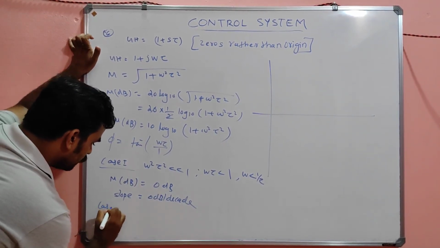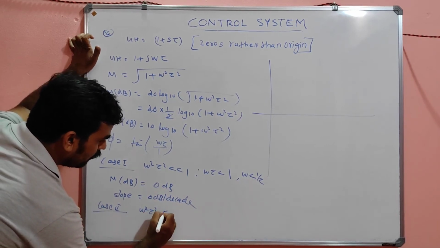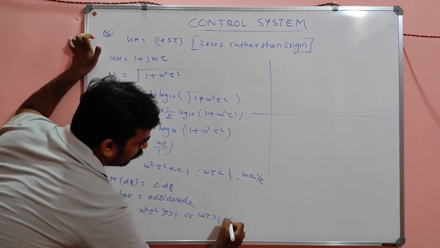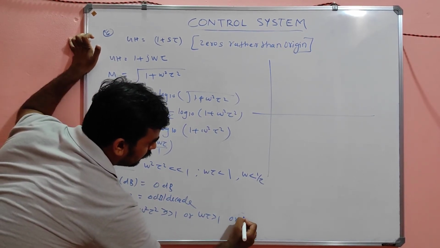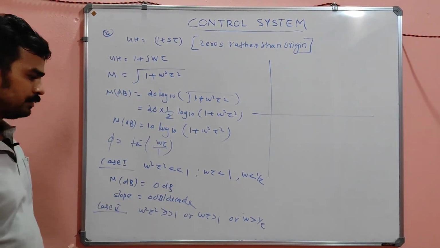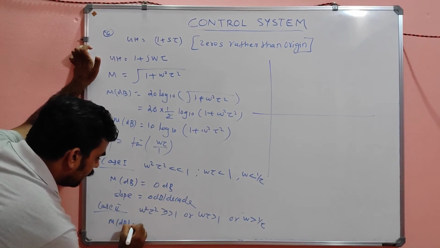And what is case 2? Omega square tau square very much greater than 1, or omega tau greater than 1, or omega greater than 1 by tau. What will be the M in dB?